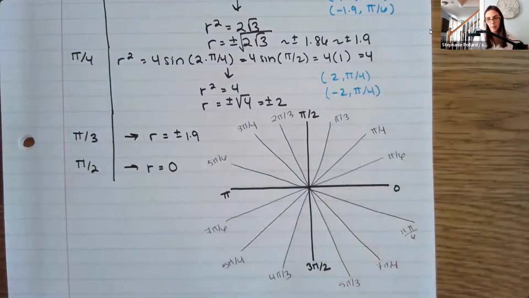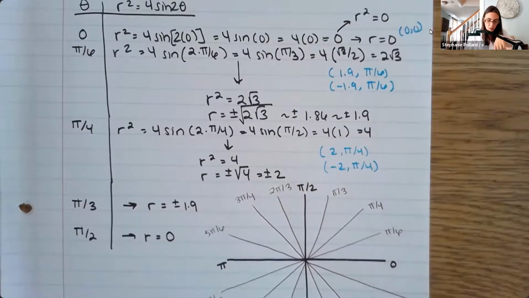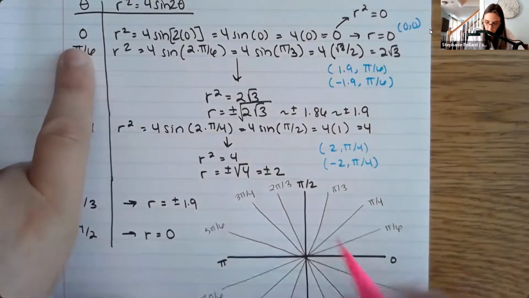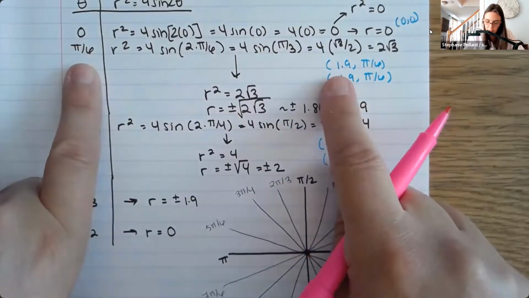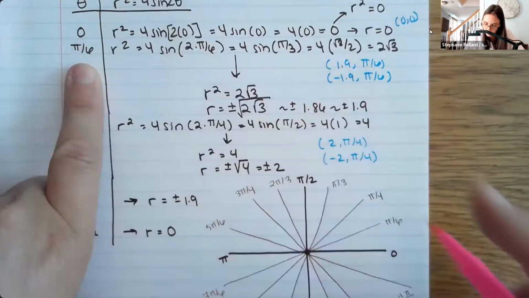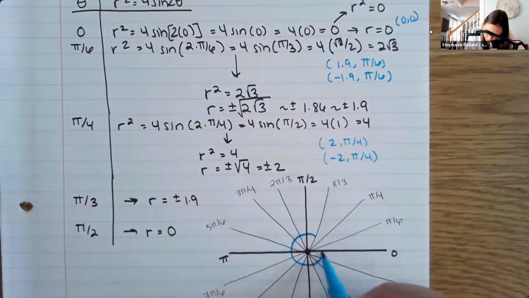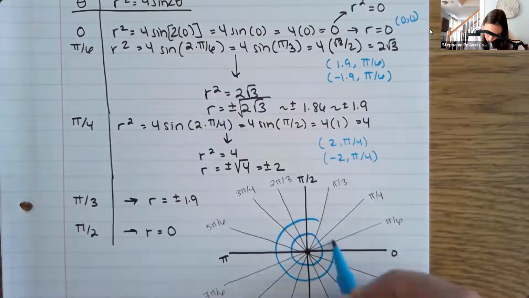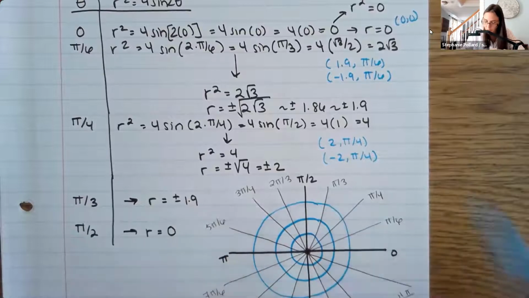Okay, so let's start by plotting what we have. I know I haven't finished all the points yet. I've only done a few of them, but we have quite a lot going on here. So I have 0, 0, 0. And then let me do the positives first. So I have 1.9, pi over 6. So I gotta do my circles: 1, 2, 3.